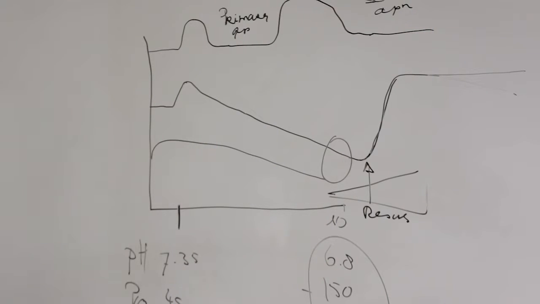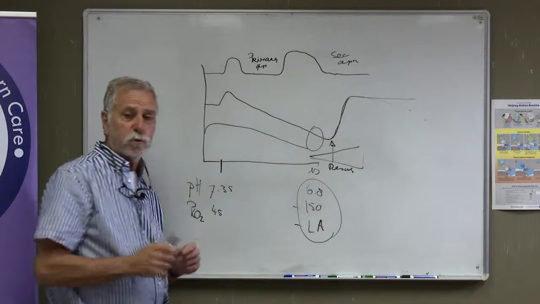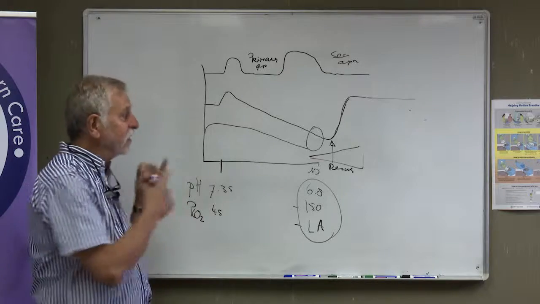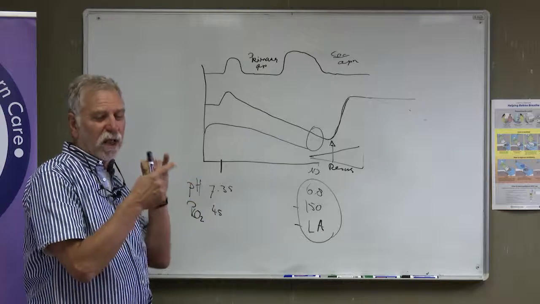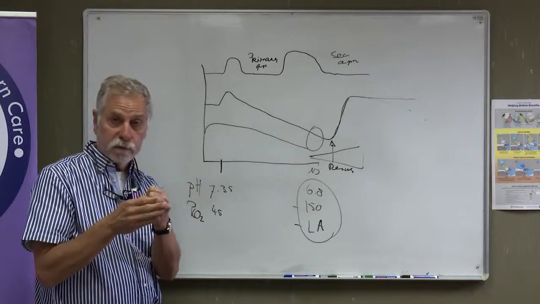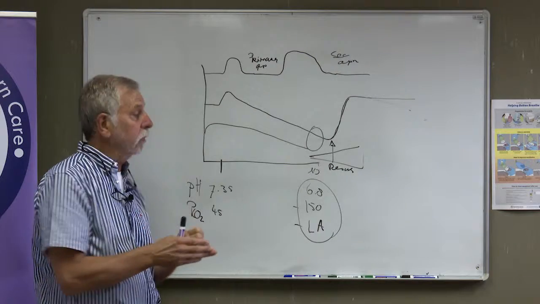Now, if we would come to the take-home message, what should you remember about asphyxia? First of all, that this type of research is not completely showing what goes on in a human newborn infant. So that's number one.